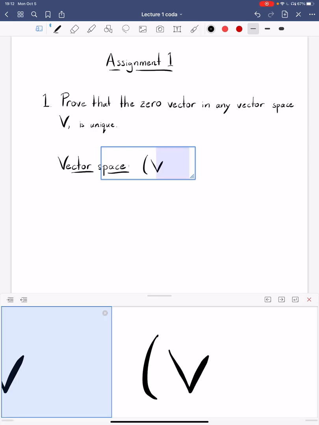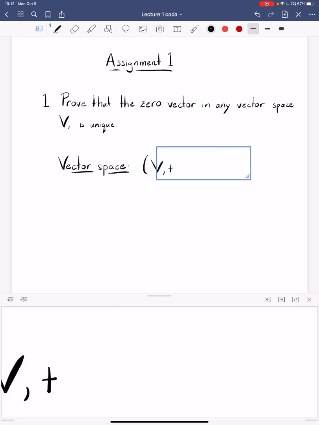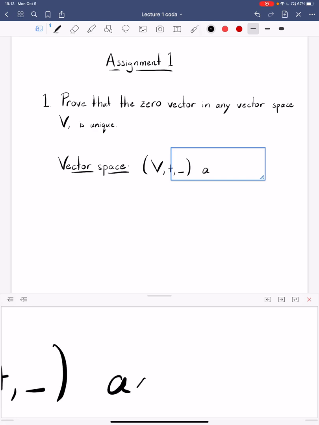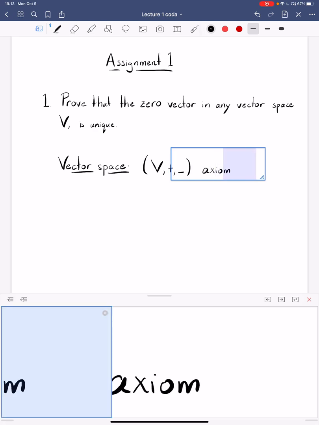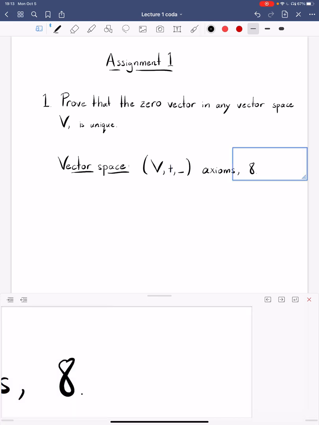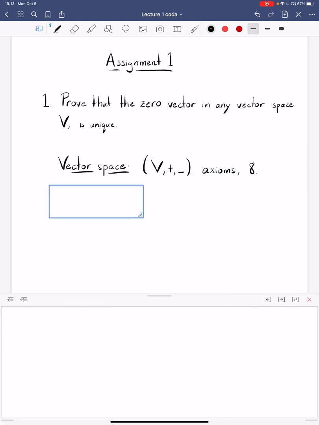It's a set V together with an operation of vector addition, which is denoted by the plus sign, and an operation of scalar multiplication, which is actually denoted by nothing. So I'll just draw a line here. And then there are some complicated axioms which govern these operations, and actually I think there are eight of them.